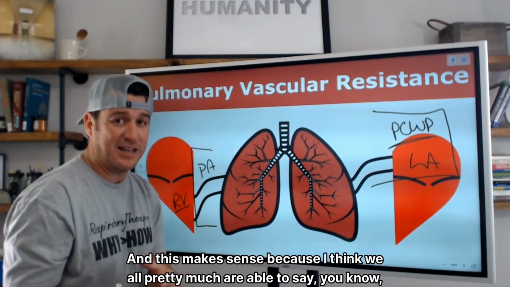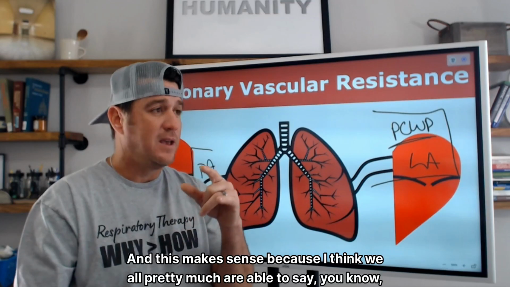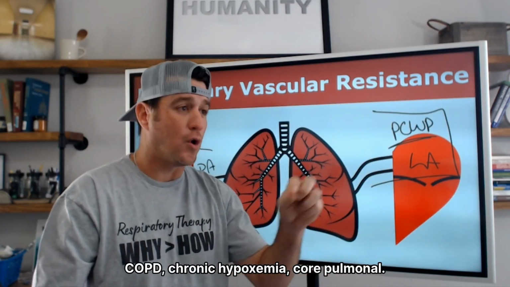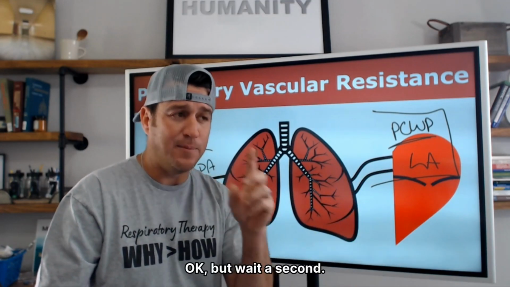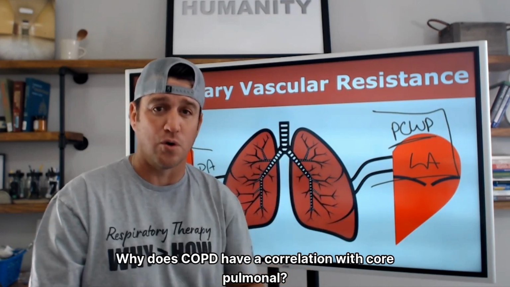And this should make sense because I think we all pretty much are able to say, COPD, chronic hypoxemia, cor pulmonale. Okay, but wait a second. Why does COPD have a correlation with cor pulmonale?